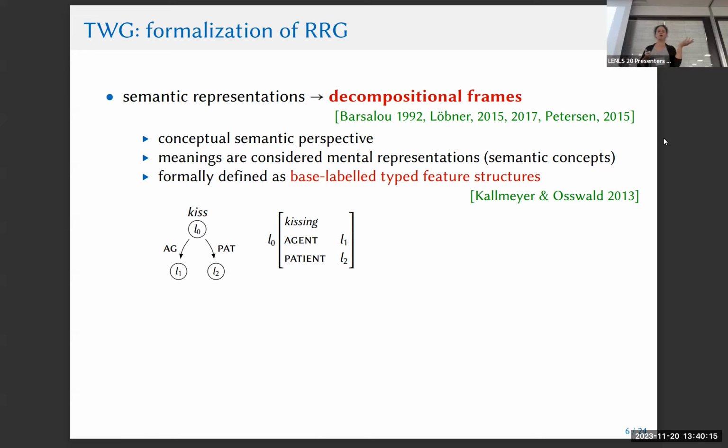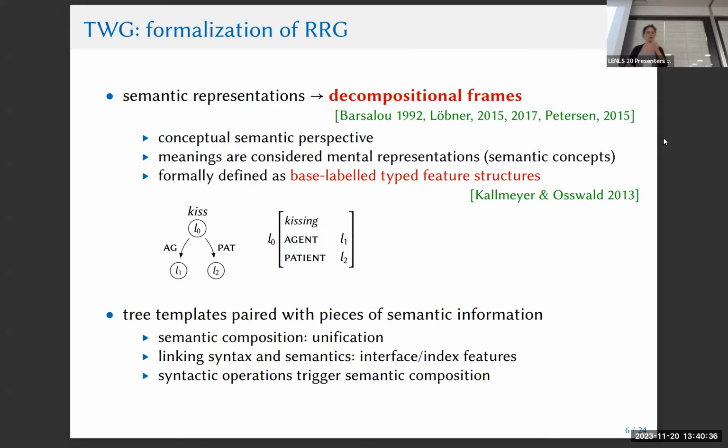So we have a conceptual semantic perspective, not the logical truth-conditional one. Meanings are considered mental representations or semantic concepts, which are formally defined as typed feature structures, often given as graph notations or the AVMs on the right-hand side. So I'm using the AVM notation. And compositionality is captured in a way similar to how the syntax-semantics interface works with TAG.